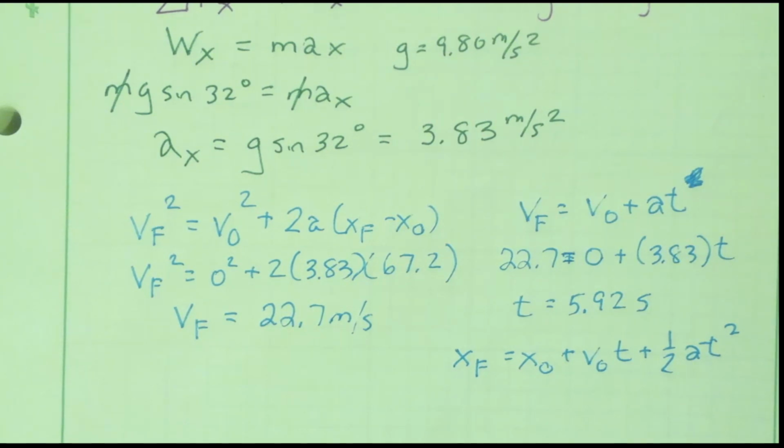So all in all, it takes her 5.92 seconds to get down the slope, and when she reaches the bottom, she has a velocity of 22.7 meters per second.